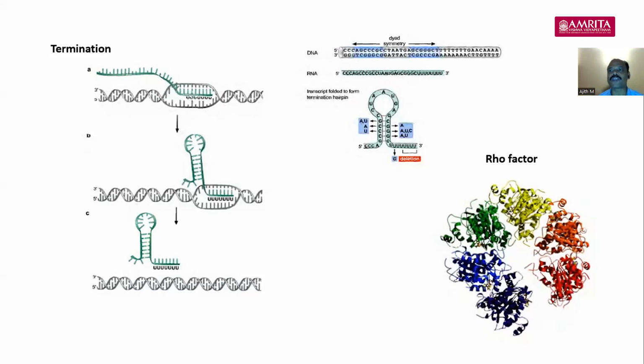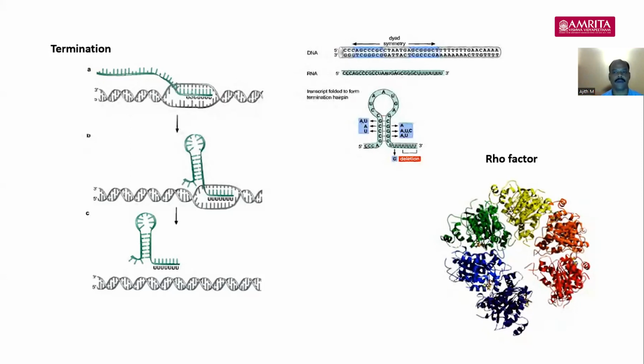Once the Rho protein associates with the newly synthesized RNA molecule, it changes its conformation and wrenches and pulls it out of the polymerase. Done. RNA is removed now. RNA goes into the cytoplasm. So this process is called the Rho-dependent process.